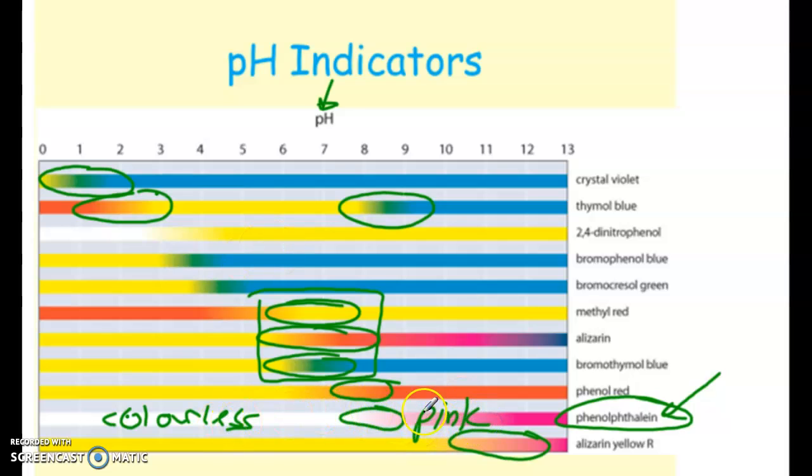So it's very easy to see the difference between no color and color. It's hard to see the transition between colors. But when you start with nothing and then it's pink, you know to stop as soon as you see a light pink. So in terms of visually, this is the best one to see.